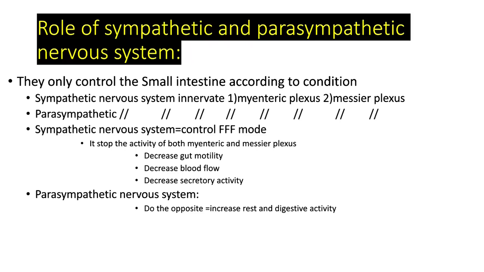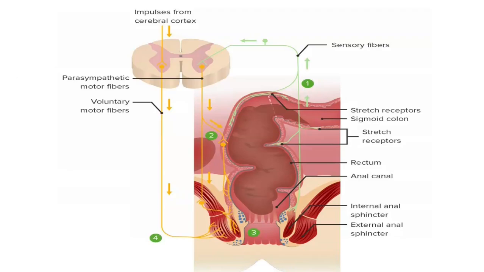The sympathetic nervous system controls the fight-or-flight mode, and it stops the activity of both plexuses. It decreases gut motility, decreases blood flow, and decreases secretory activity, while on the other hand the parasympathetic nervous system acts oppositely.